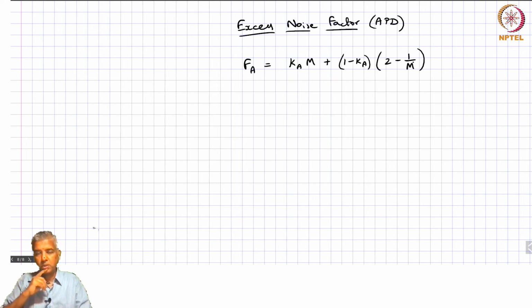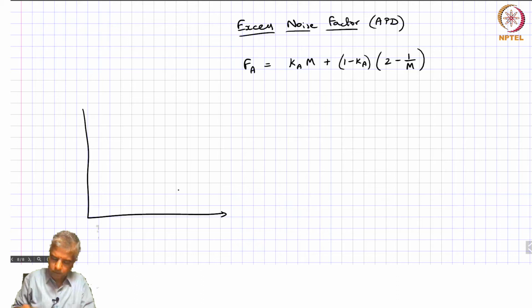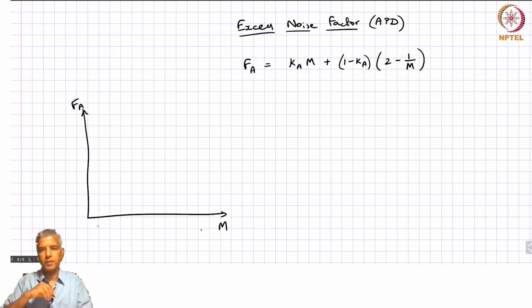Now let's look at how this works. Let's plot a graph of FA, the excess noise factor, as a function of M, and look at the role of Ka in terms of the excess noise factor.